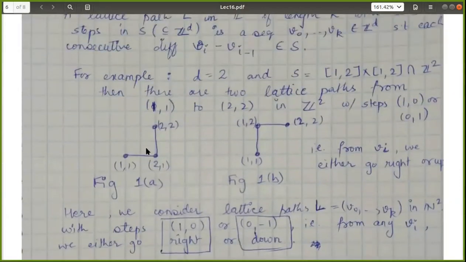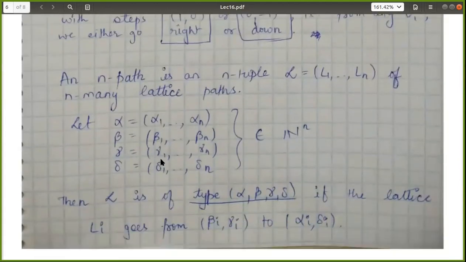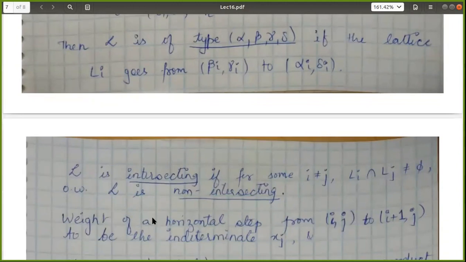So here, if you come, what will be the weight of this step? For every horizontal step of this form, the weight is the indeterminate xj.